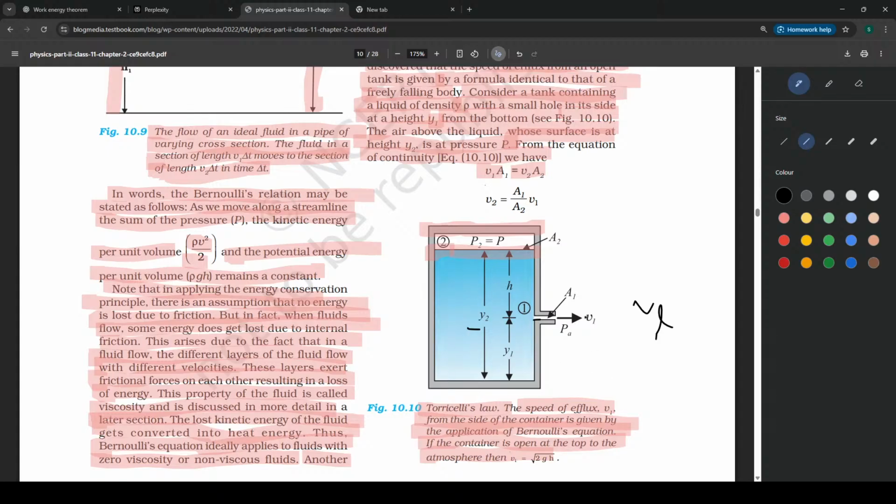Now there is a hole at the side of the container. It is at a height Y1 from the bottom of the container, and this h represents the height of the water above the hole. A1 denotes the area of the hole, A2 denotes the area of the container, P2 denotes the pressure, PA denotes the pressure at the hole.